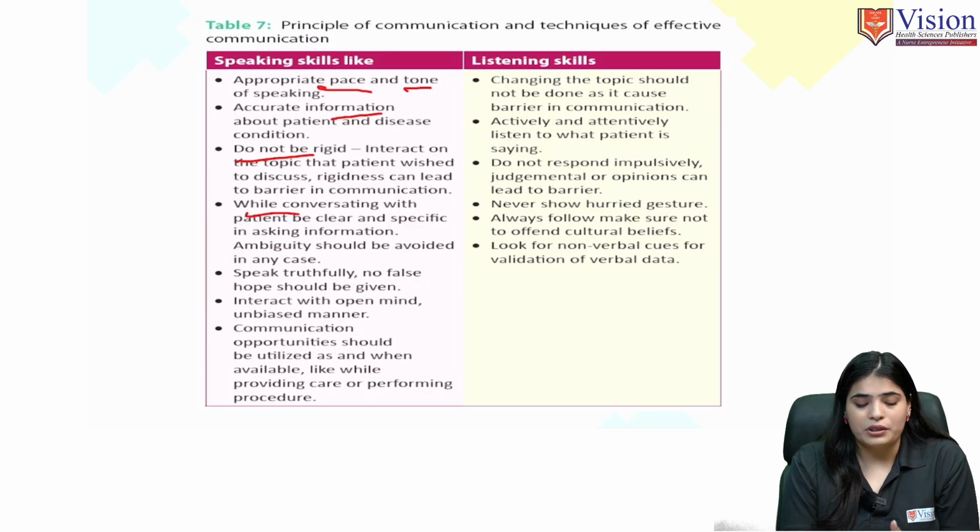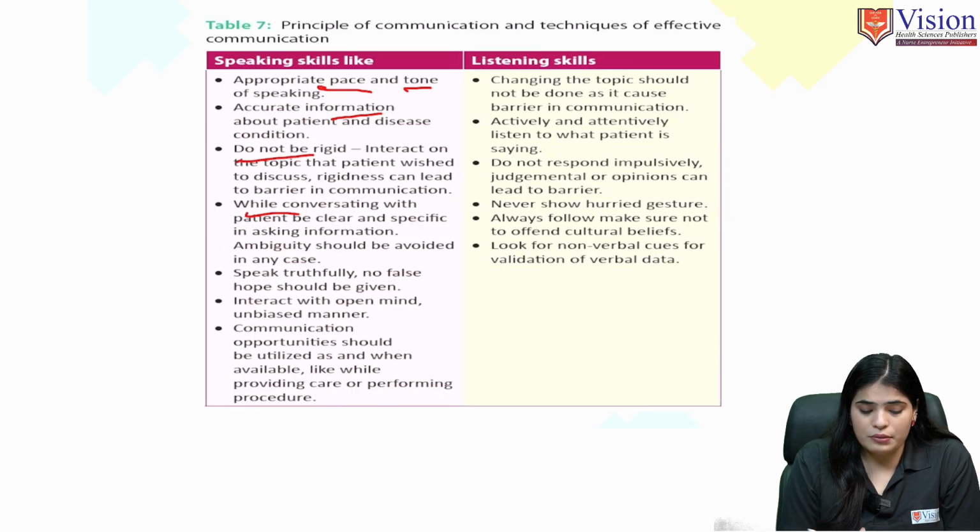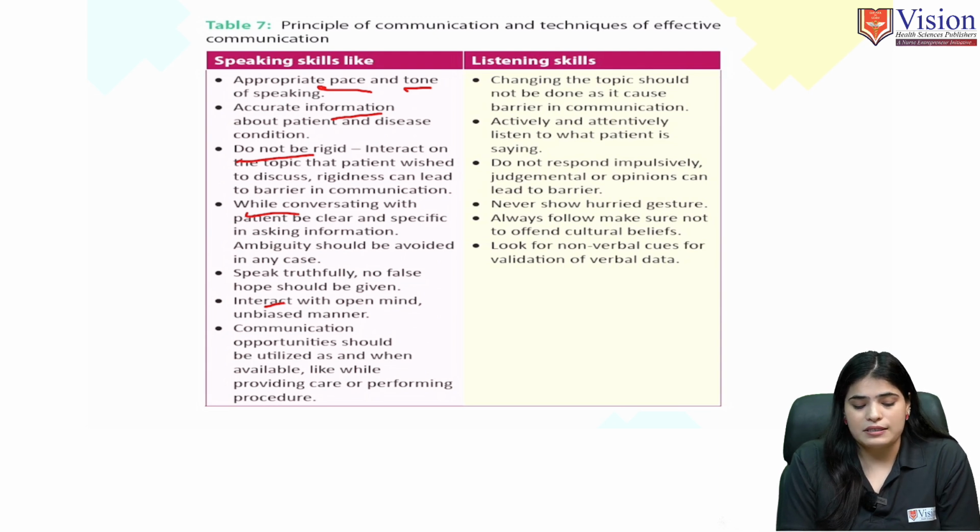There should be no ambiguity. Speak truthfully, avoid any kind of false hope to the patient, and talk with an open mind and without any bias. Communication opportunities should be utilized as and when available. You will not say that right now I cannot talk; whenever you get the opportunity to talk, you can communicate with the patient.